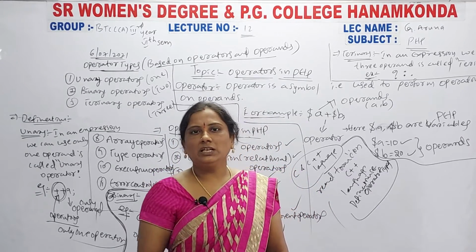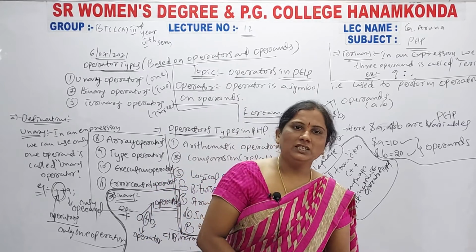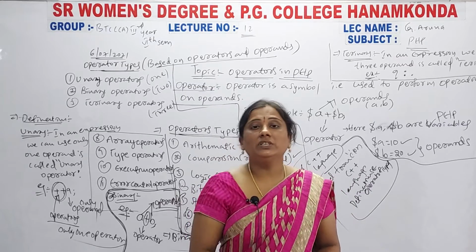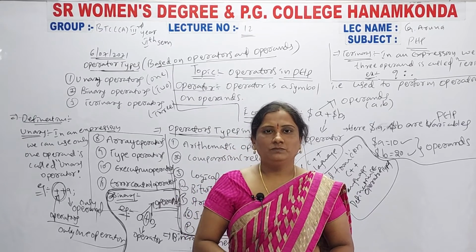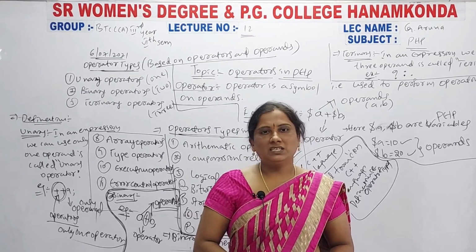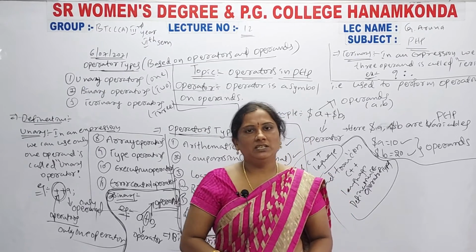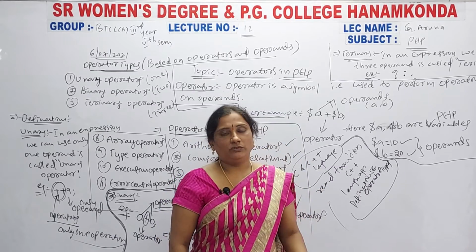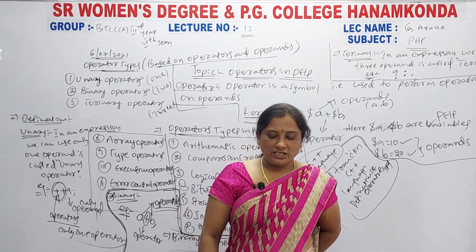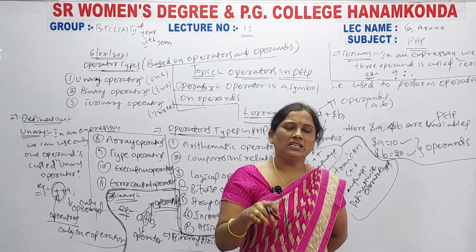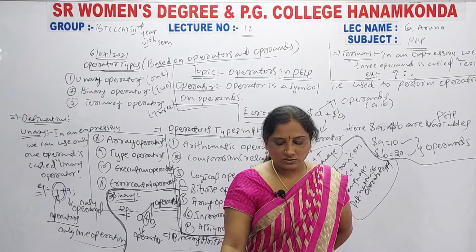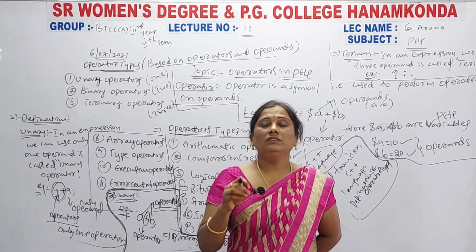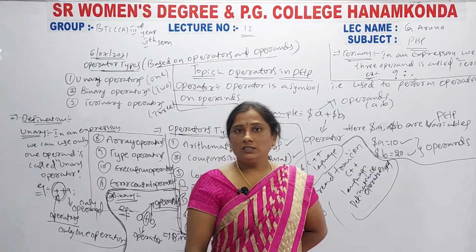In total, the table has 3 columns. What are they? Operators, additional information, and associativity. First the operator name is there, and that operator's additional information is there. Then associativity means that operator's associativity will be displayed in that table.